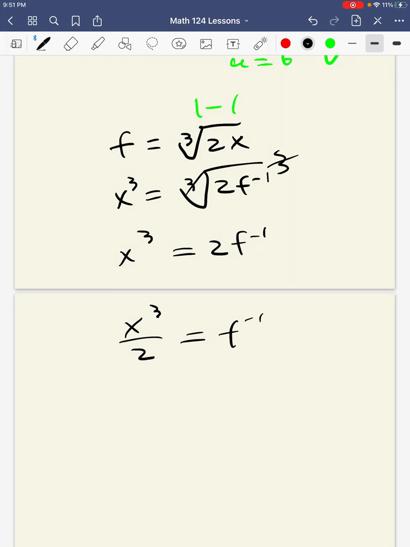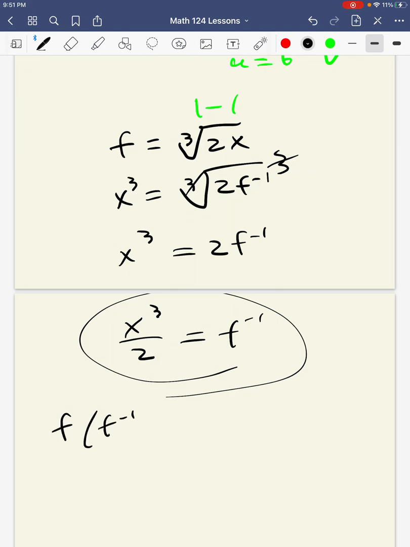And then let's say we are not confident that we did this correct. We could check by plugging into f of f inverse. That would be, we take the inverse, plug it into the original function, and see if everything cancels except for an x. If we did that, the original function is this, and then we plug in the inverse.